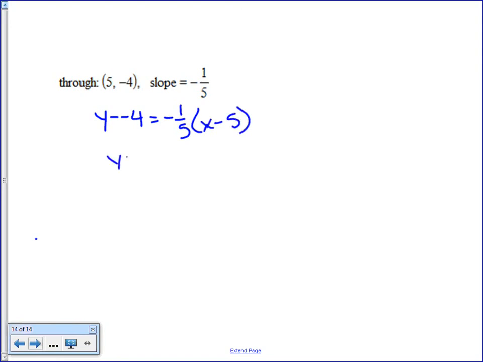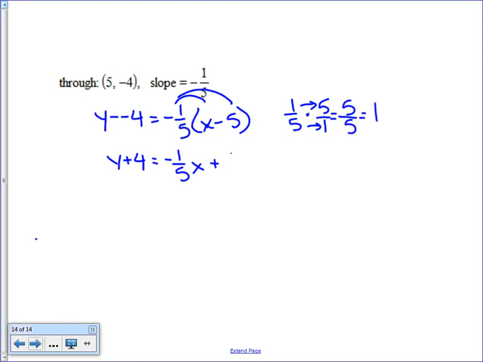So we have y plus 4, distributing the negative 1/5, negative 1/5 x. So negative 1/5 times the negative 5. The negatives will just give me a positive since I have two negatives. And 1/5 times 5, or 5 over 1, multiplying across, will give me a 5 over 5. 5 divided by 5 will give me a 1.